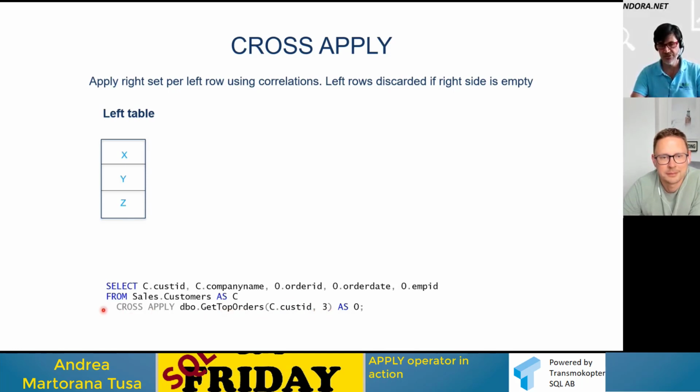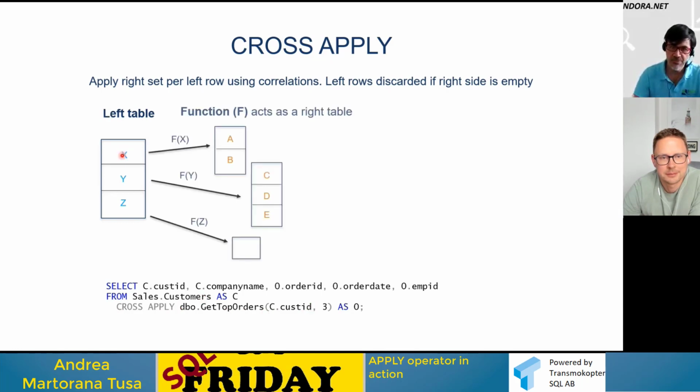This is the cross apply syntax, and I'm calling a function. What happens? I have an input table and a function. The function acts as the right table in my join. It's not a join, it's an apply, but you are matching the two objects, let's say. So you have a left table and you call a function.